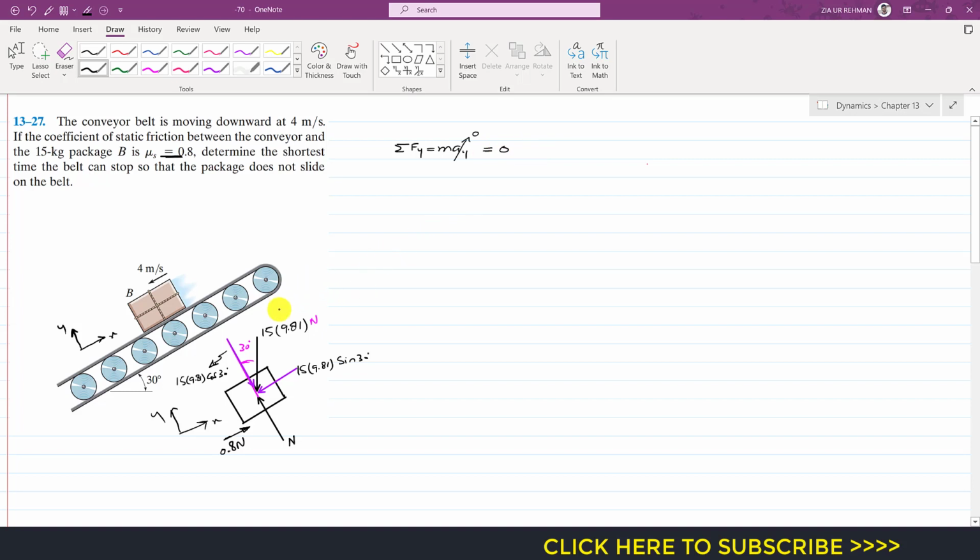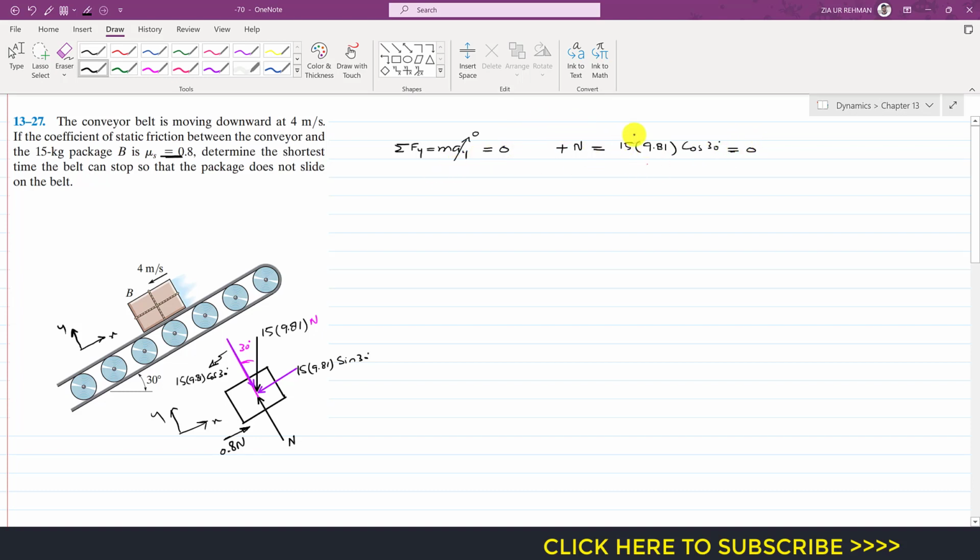As we can see, this N is acting along the positive y-axis, so I have to write plus N minus this cos component, which is acting in the negative y direction, 15 into 9.81 cos of 30 degrees, and this will be equal to 0 since the acceleration in the y direction is 0.